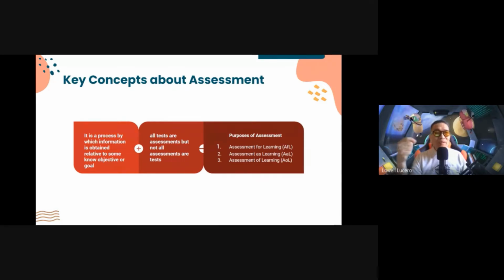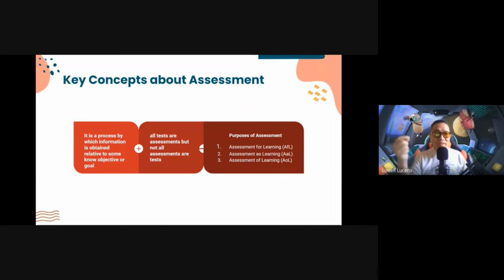So sometimes the question is, why do we give assessment? Because i-punish ba yung bata? I-punish ba yung students? Now, let's go back to the definition. We give assessment because we want to get information relative to your objective. That's why every lesson plan, meron siyang objective. Bawat lesson mo that you conduct in the classroom, meron kang objective. The objective goes for an assessment.